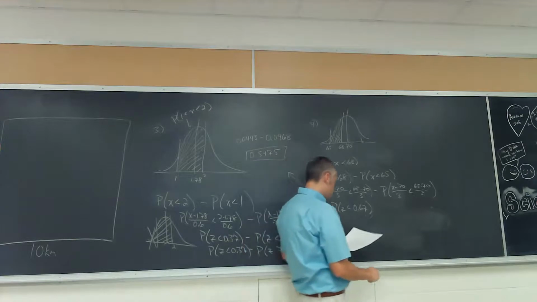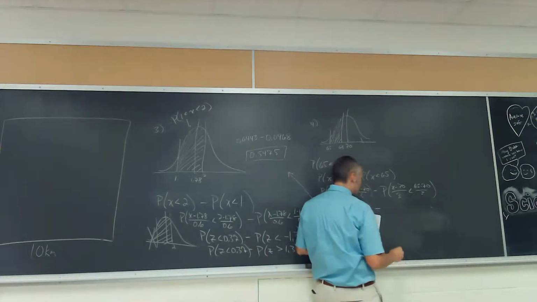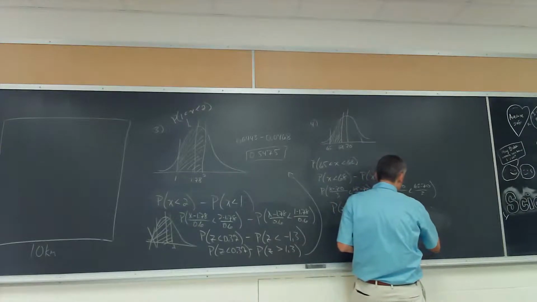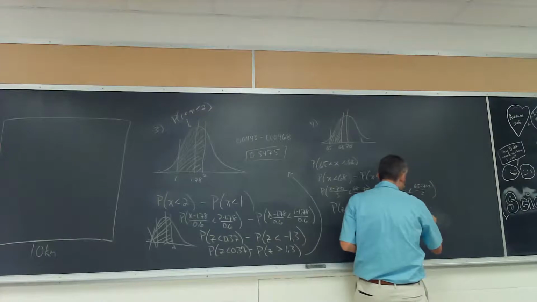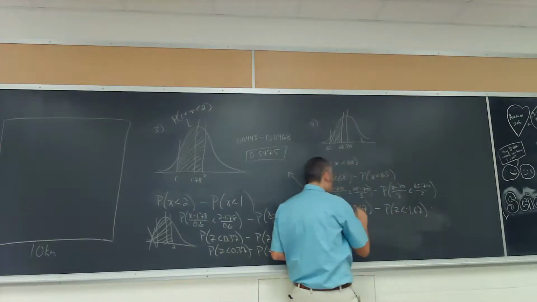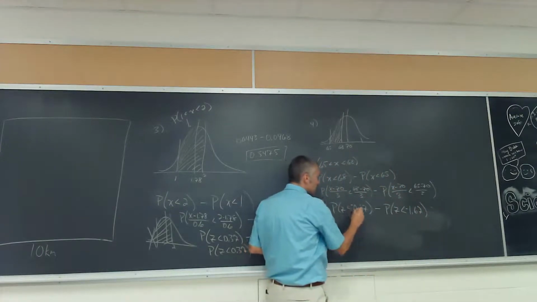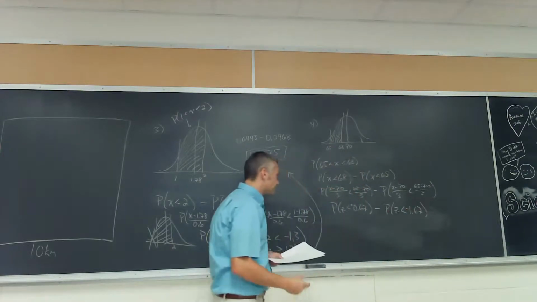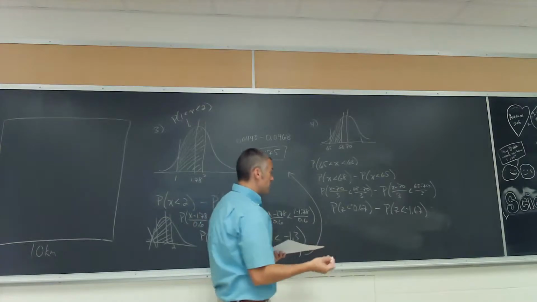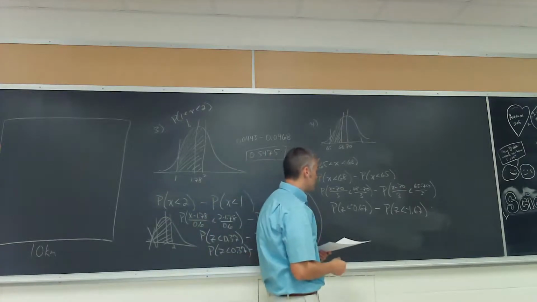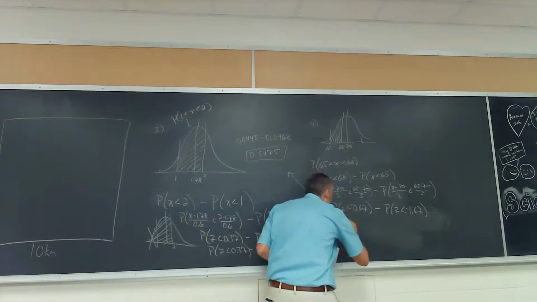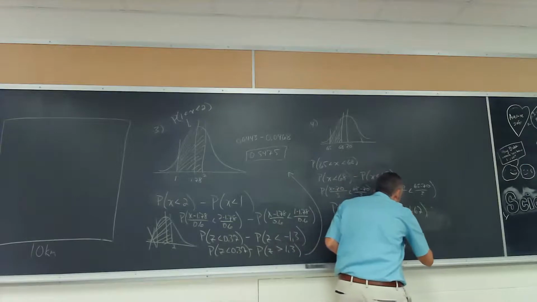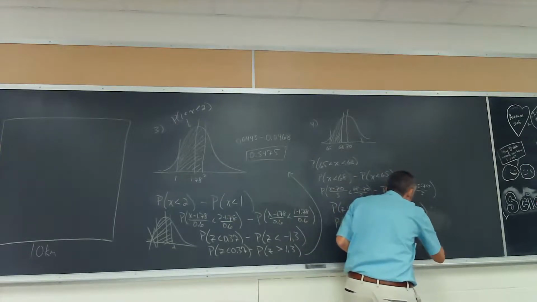All right, 0.67, and then I'm going to subtract out 1 and 2/3, 1.67. Negative 0.67 and negative 1.67. So we're in the negatives. All right. So we can flip them all to the positives. All right. So probability that z is greater than 0.67 minus the probability that z is greater than 1.67.